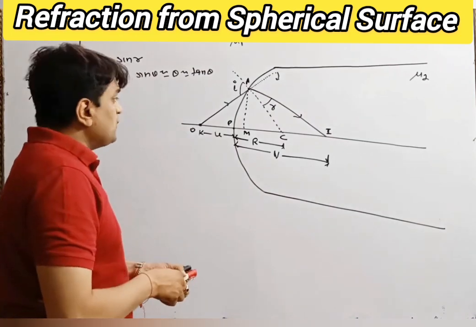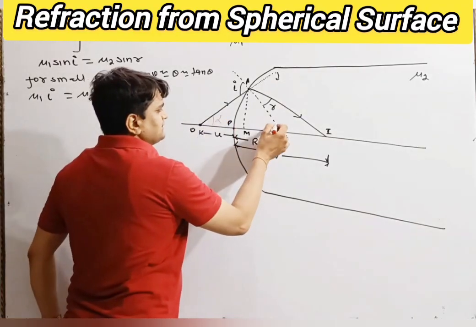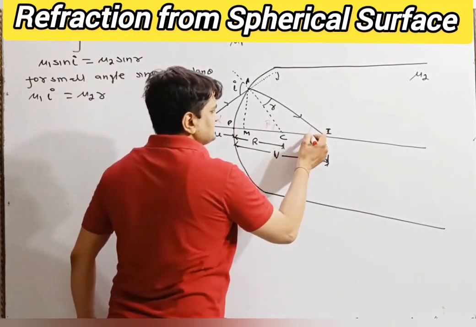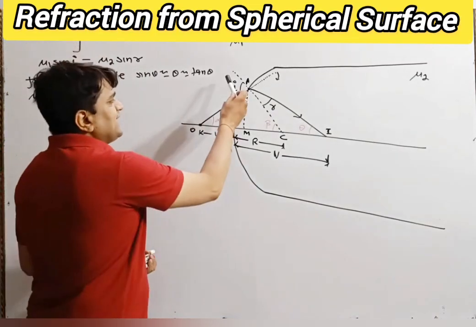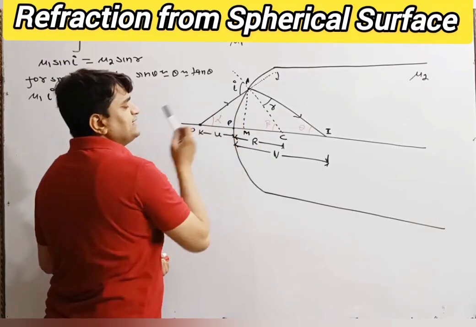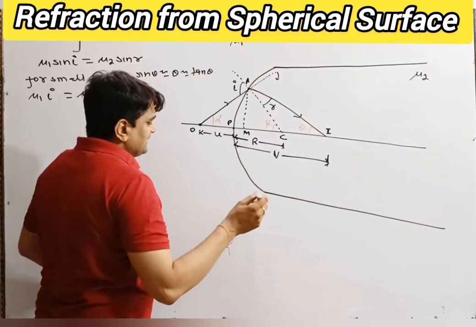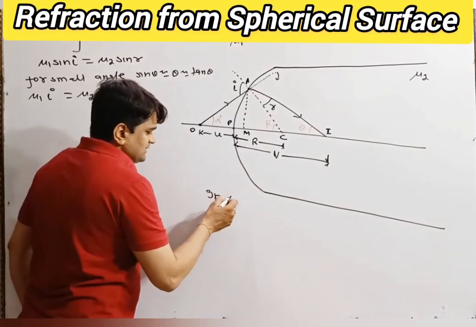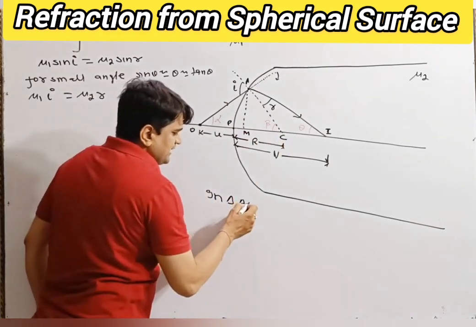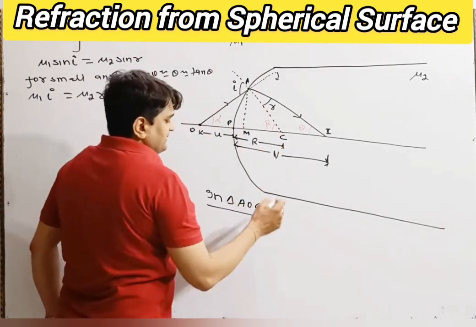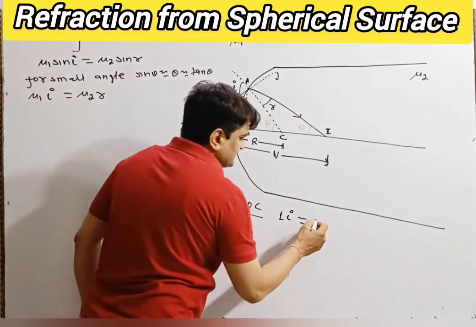Okay, now let us call this angle alpha, this angle beta and this angle theta. Now we know that the exterior angle must be equal to the sum of the interior angles. This is the exterior angle and alpha and beta are the interior angles in triangle AOC. In triangle AOC, we can write angle i must be equal to angle alpha plus angle beta.